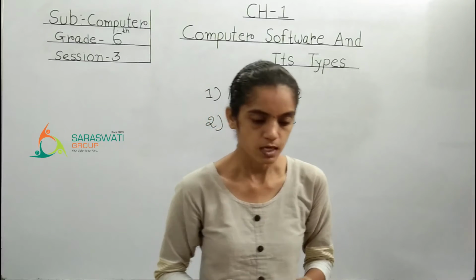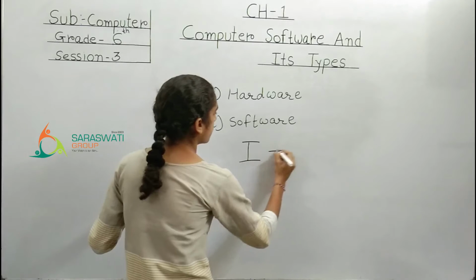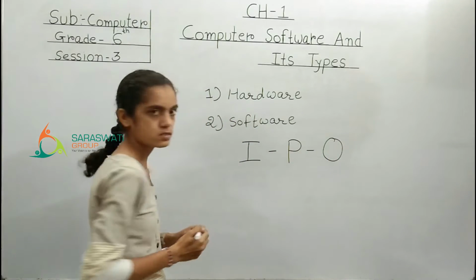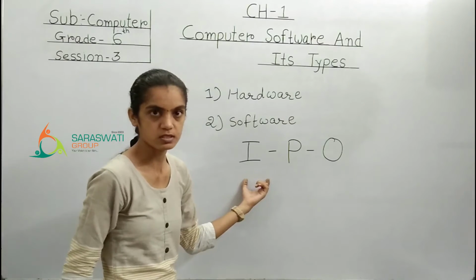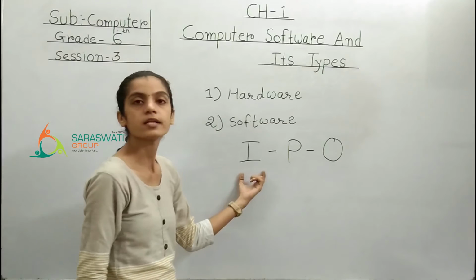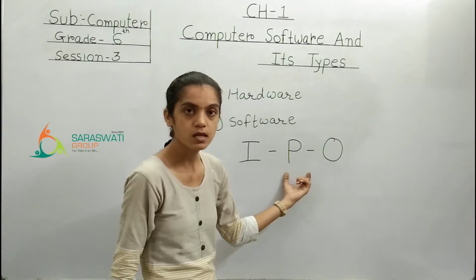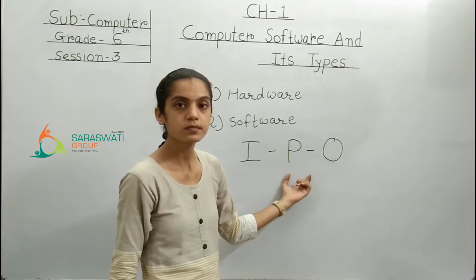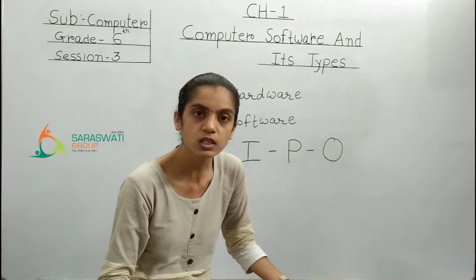Which process? You can see I, P, O. What is this? This is the process. I means input. That means you are giving instruction to the computer. That is what? It is input. Then P stands for process. We know that the brain of a computer is what? Yes, it is the CPU, inside which all the processing happens, right?